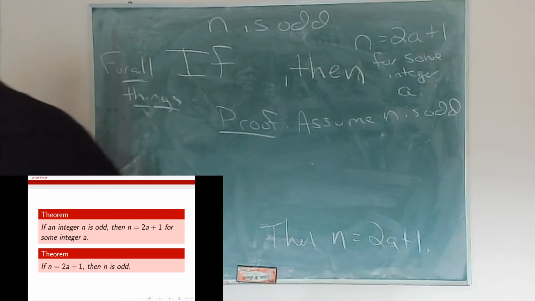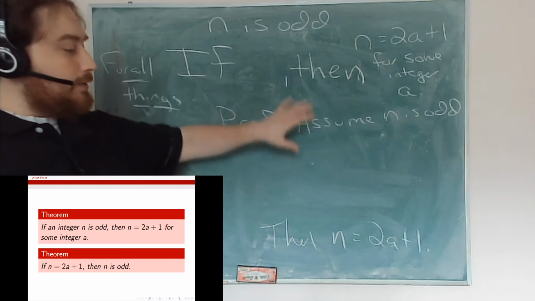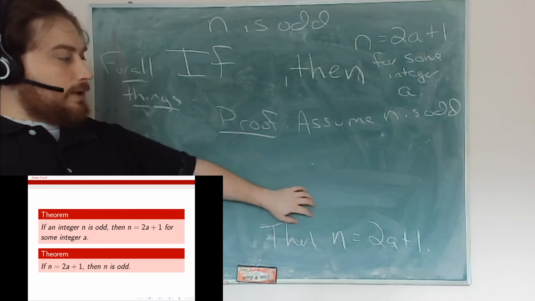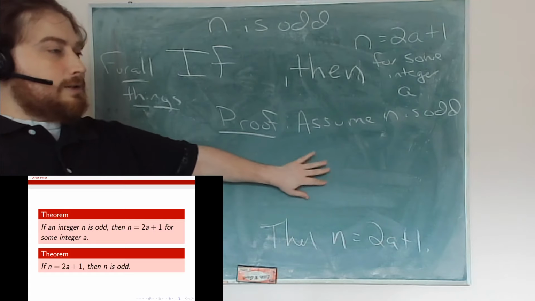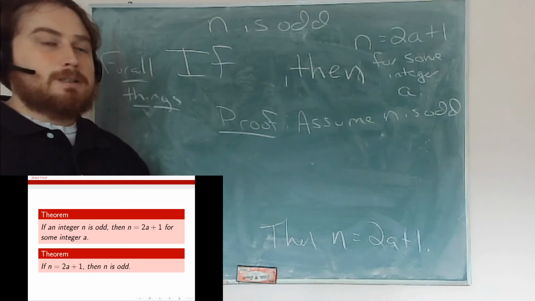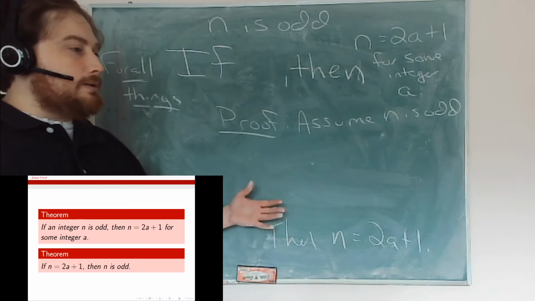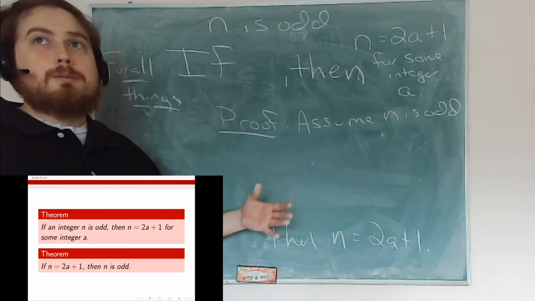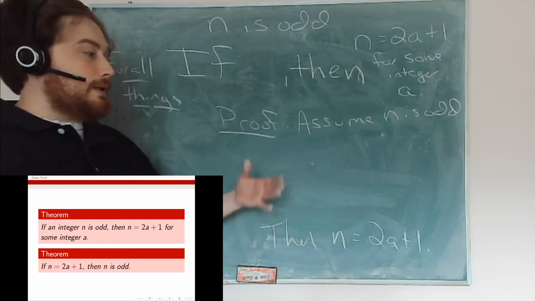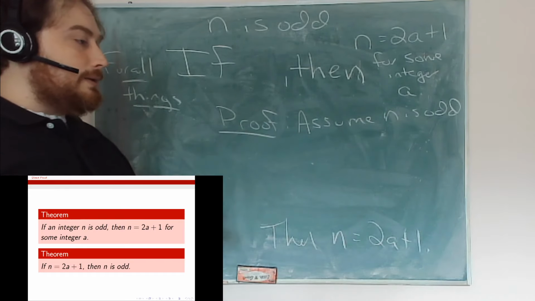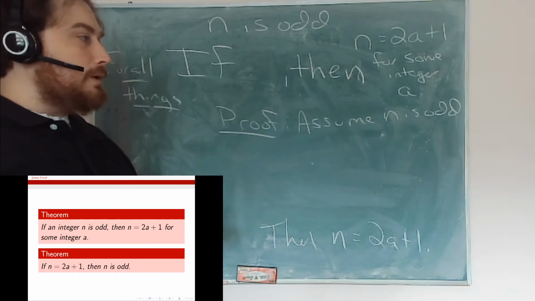So our outline here is going to be to assume the if part, show the then part, and then do some more things to try to help ourselves out, and then there's going to be some middle part where we have to guess what's going on. These aren't going to be easy, so as you're doing your homework, don't feel like you have to get it right the first time. You can get it wrong a few times. That happens, so don't be afraid of that. Just say, I'm going to keep trying until I get it.